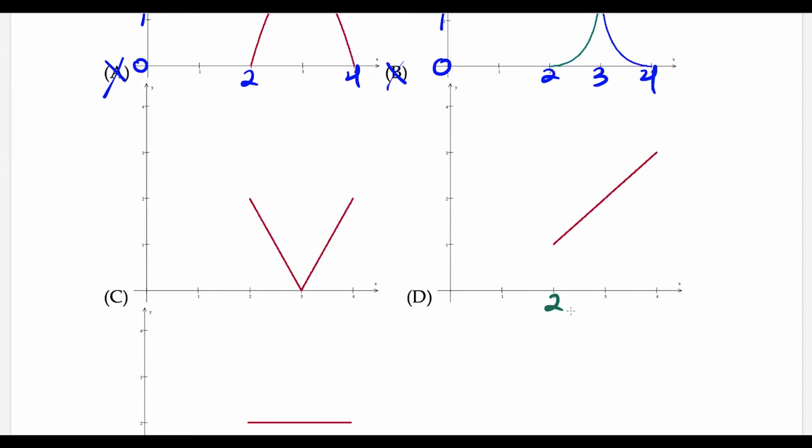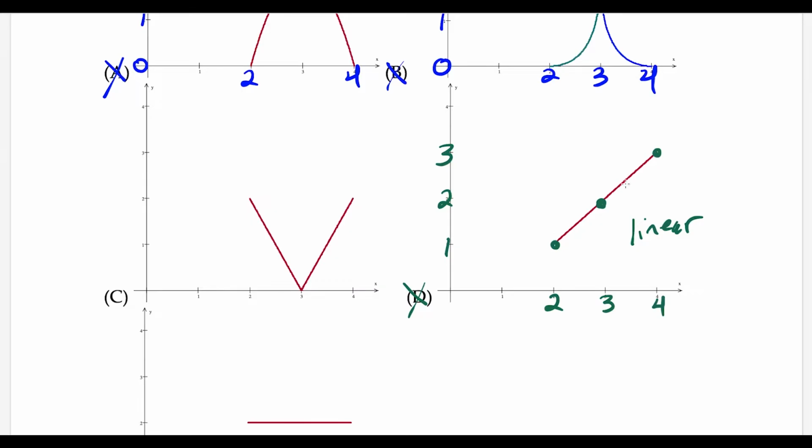So notice choice D goes from 2 to 4 like it's supposed to, but this time it goes from 1 to 2 to 3. So this one starts at 2, 1 and stops at 4, 3. So the average value would be at y equals 2, not y equals 1. So that's why choice D is out. So this one is linear.